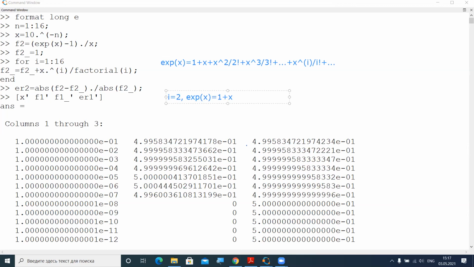We add a new term to the previous one, plus x squared over 2 factorial. Is it clear? Yes. And so on. We can continue this process.